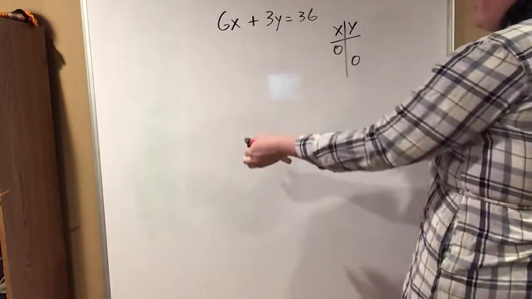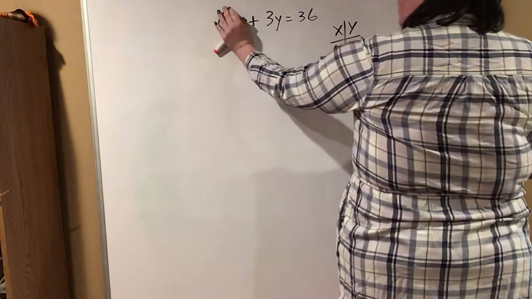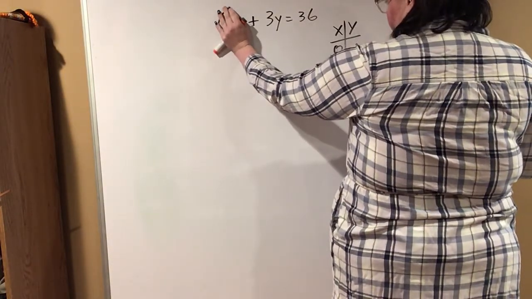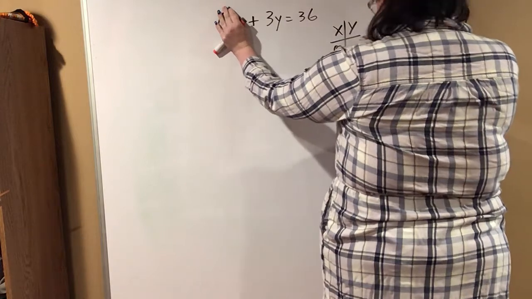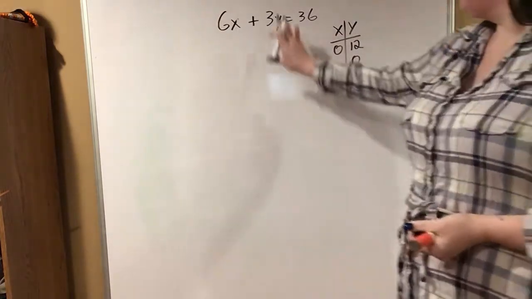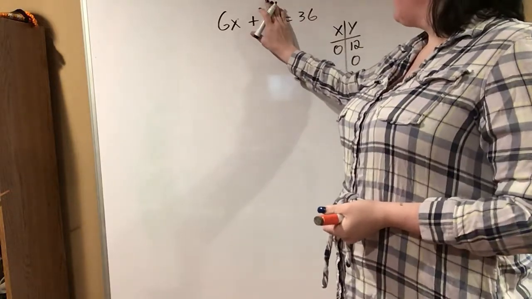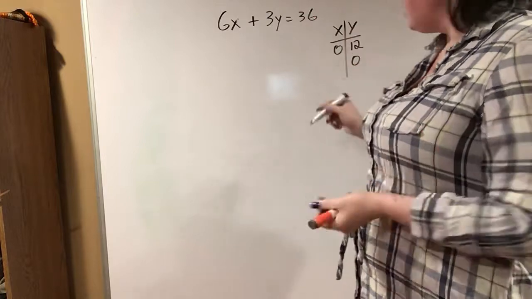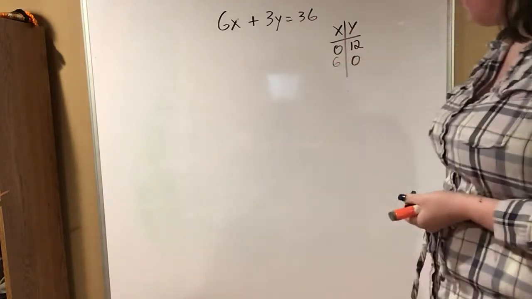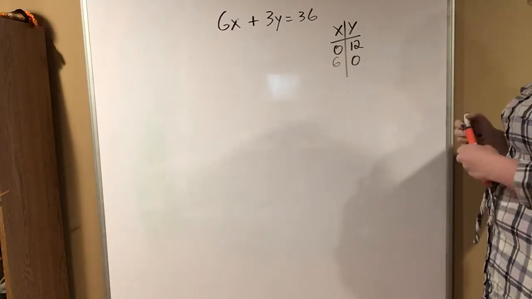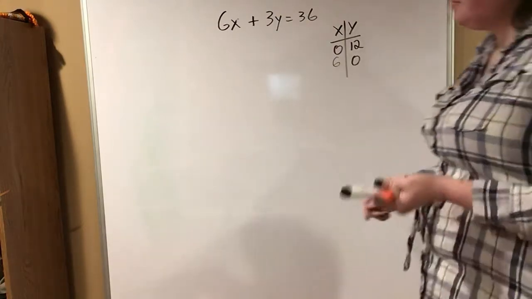So when x is 0, y is going to be what? Well, 36 divided by 3 is 12. Well, when y is 0, 36 divided by 6 is 6. Easy to graph. Awesome, right? Intercepts are easy.